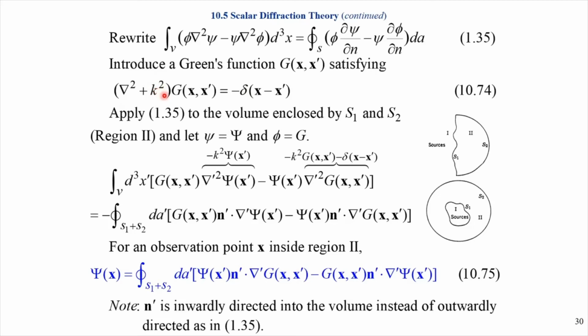So the Laplacian of G gives us two terms, not just one, but two terms. This one gives us a minus k squared G, minus sign, so it's plus.